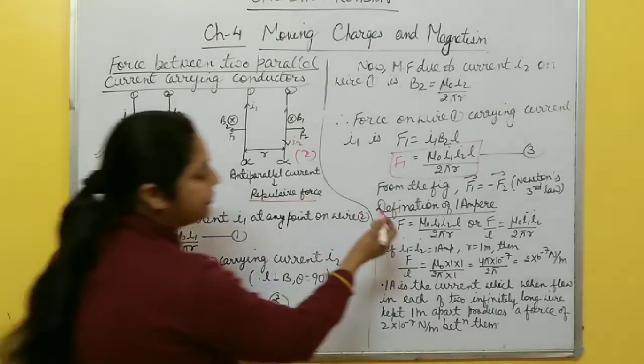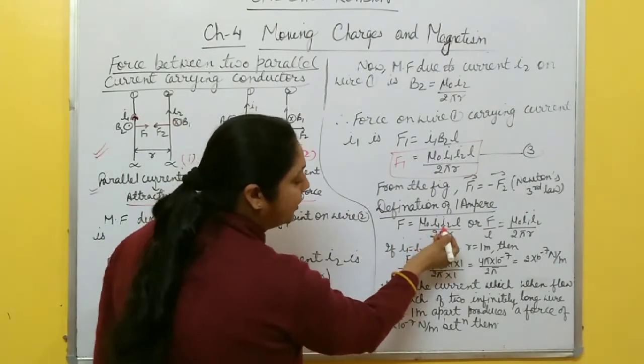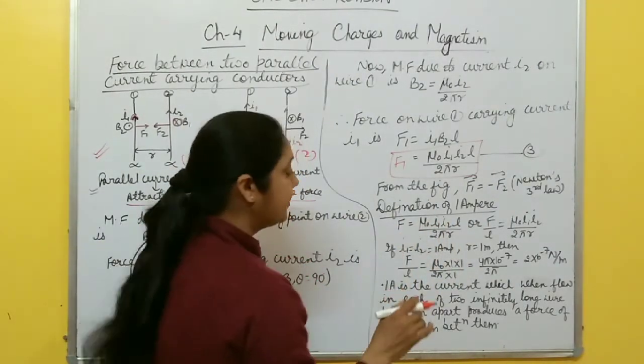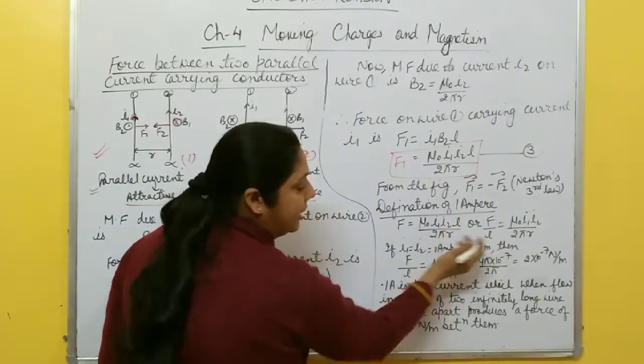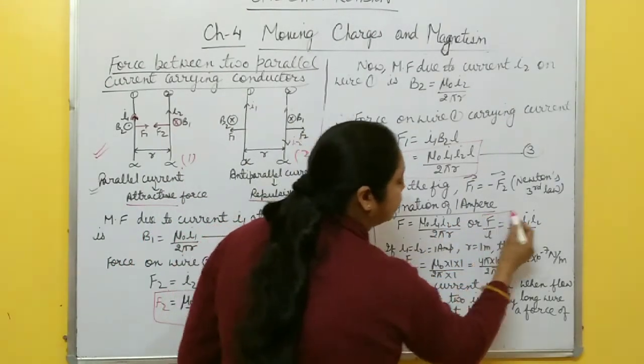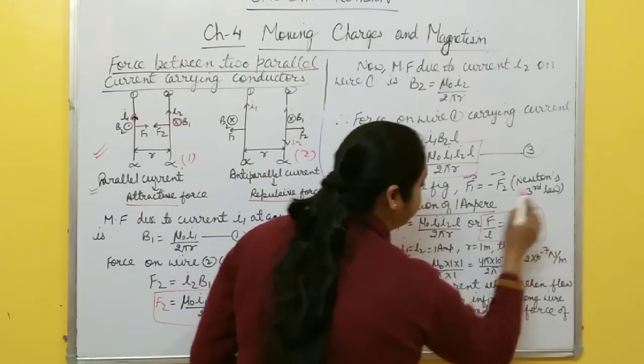What is the magnitude of force? Force is mu naught I1 I2 L by 2 pi r. If from here you write force per unit length, F by L is mu naught I1 I2 by 2 pi r.